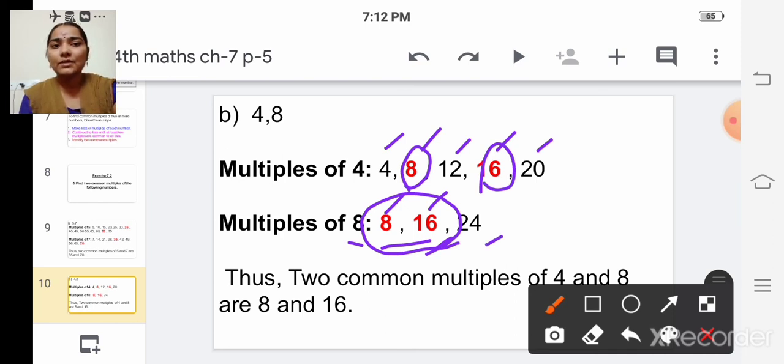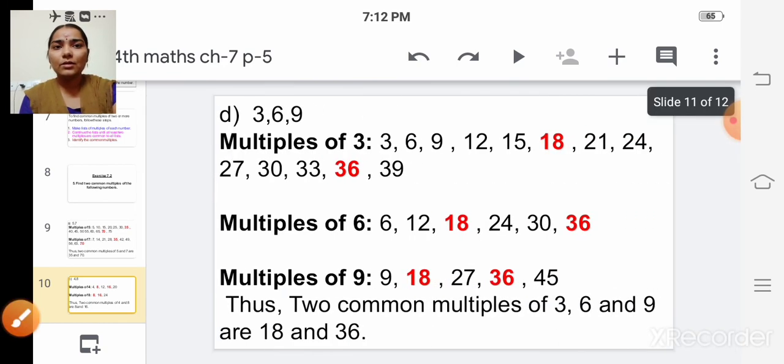So we can stop here itself. So 8 and 16 are the two common multiples of 4 and 8. Okay children, so till we are getting two common multiples, we have to proceed with this process.